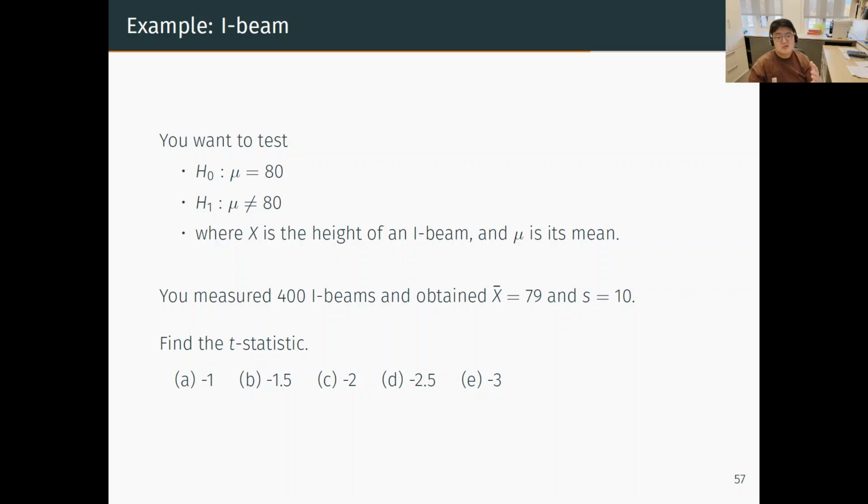So there exist measurement errors, but we need to check if it's purely measurement error or the I-beams are actually the wrong size. The first thing we have to do is find the t-statistic. The t-statistic is the standardized difference between your data and your hypothesis, right? So try to calculate based on those numbers.